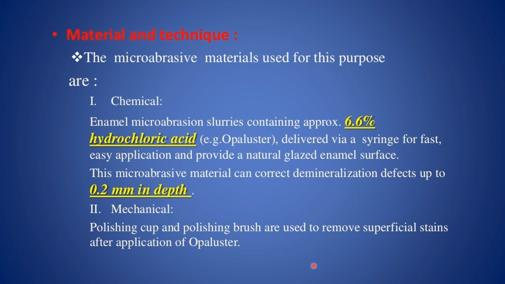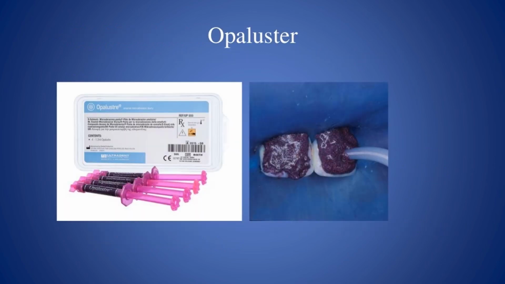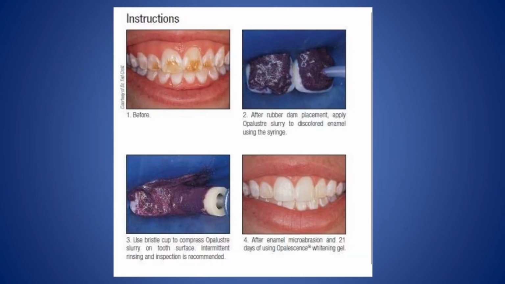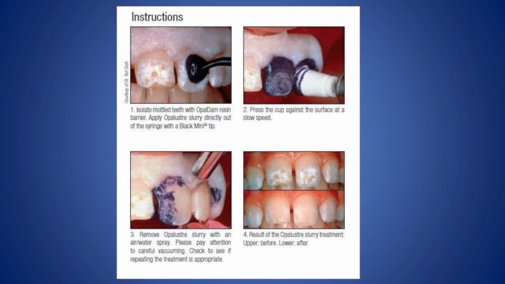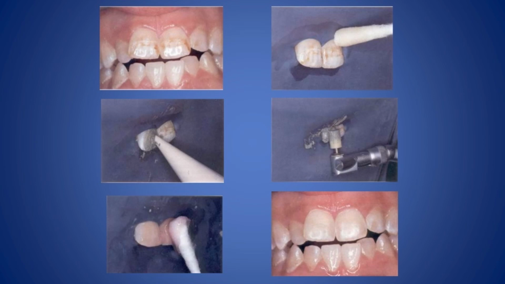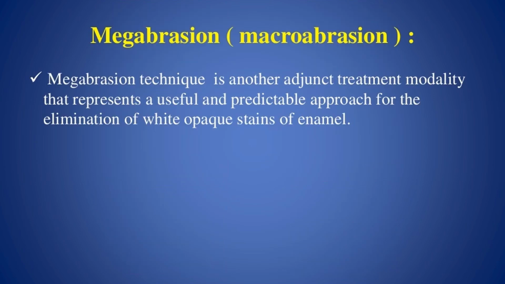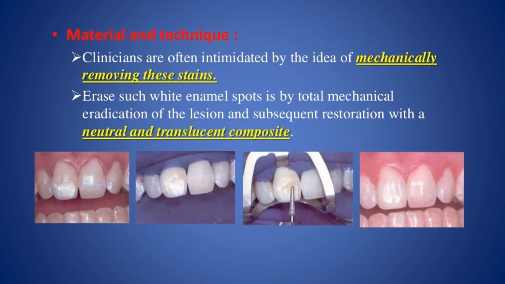The microabrasive materials used for this purpose are: 1. Chemical: enamel microabrasion slurries containing approximately 6.6% hydrochloric acid, e.g. Opalustre, delivered via a syringe for fast, easy application and providing a natural glazed enamel surface. This microabrasive material can correct demineralization defects up to 0.2 mm in depth.